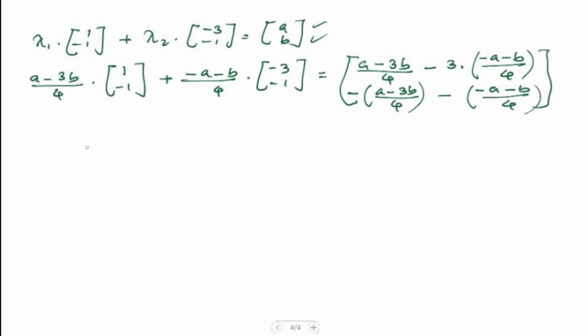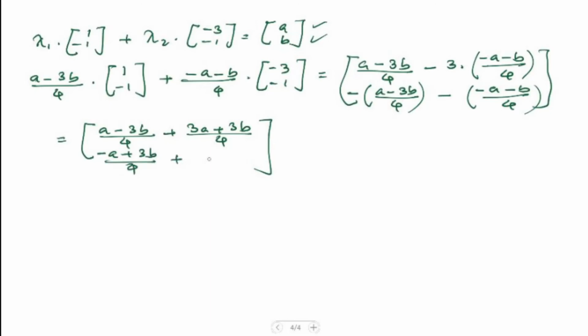So now if you solve a step further, we now get here a minus 3b divided by 4 plus 3a plus 3b divided by 4, and here we'll get minus a plus 3b divided by 4 plus we have a plus b divided by 4.